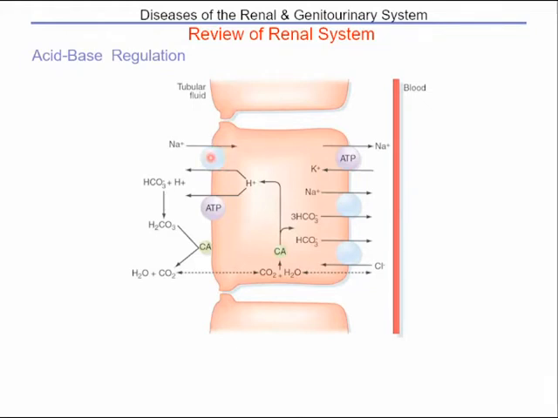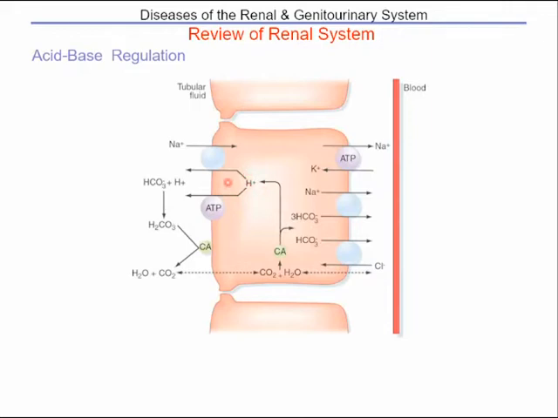The estimate is that about two-thirds of proximal bicarbonate reabsorption occurs via secretion by NHE3. Your hydrogen ATPase, on the other hand, provides another mechanism for apical hydrogen ion secretion and is responsible for approximately one-third of your bicarbonate reabsorption.